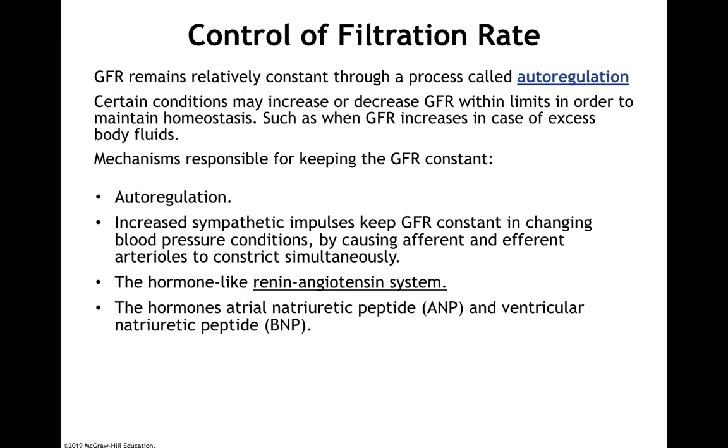Increased sympathetic impulses keep the GFR constant in changing blood pressure conditions by causing the afferent and the efferent arterioles to constrict simultaneously. The hormone-like renin-angiotensin system works to do that, and the hormonal atrial natriuretic peptide, ANP, and the ventricular natriuretic peptide, BNP.